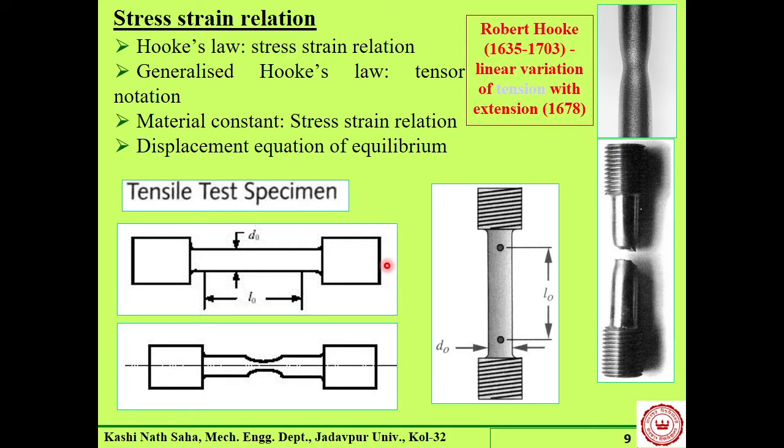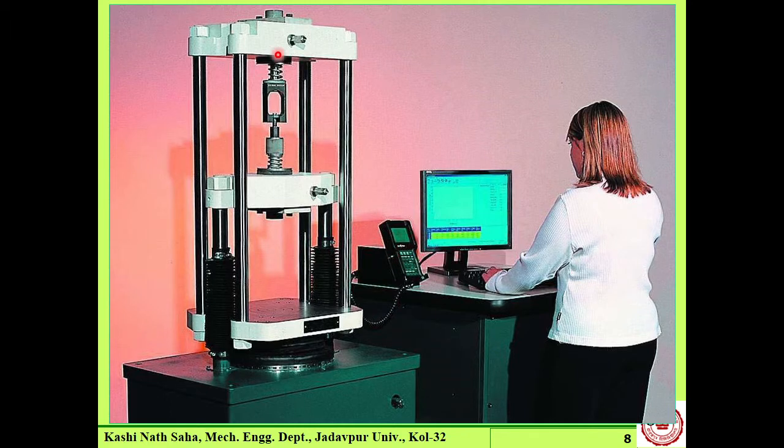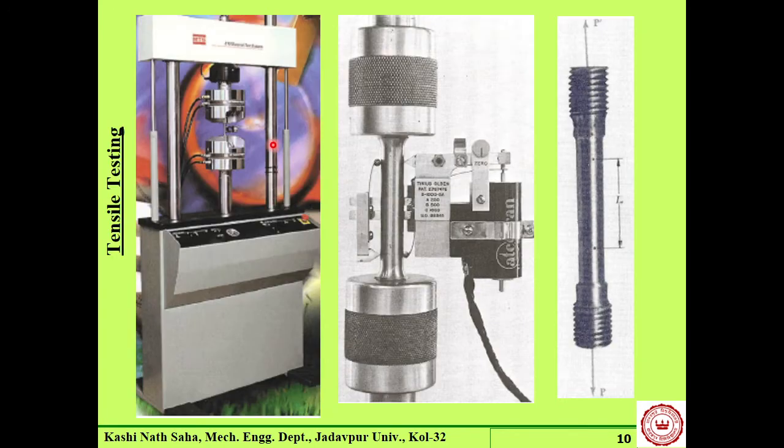So these specimens are put inside or within the machine. There are the arms, you can say, the crossheads of the machine, right? In this particular machine, one is fixed, the other one is moving. Usually it is like that, and then these crossheads are connected with some grips.